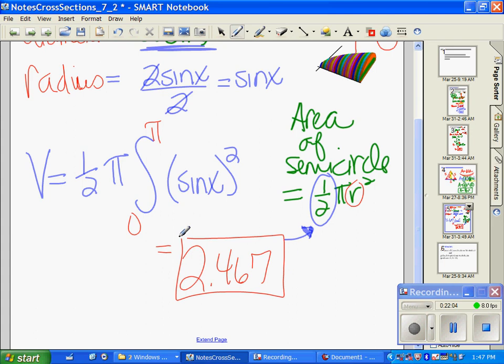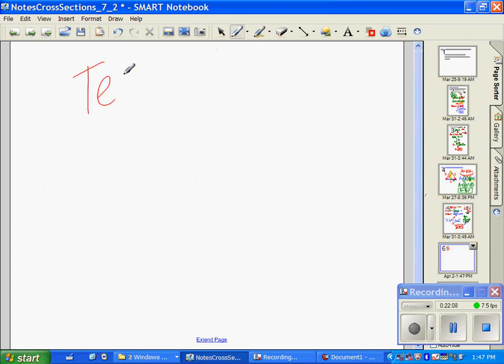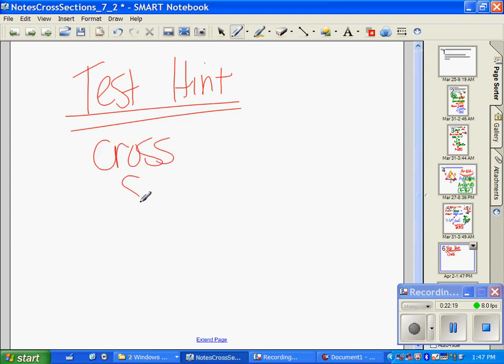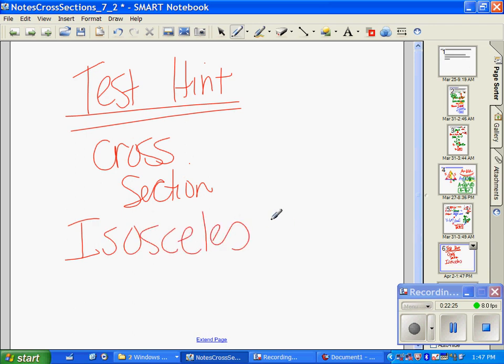Okay, so here comes the test hint. For your test hint, it would be very beneficial to understand a cross section that has an isosceles triangle, but it's an isosceles right triangle.